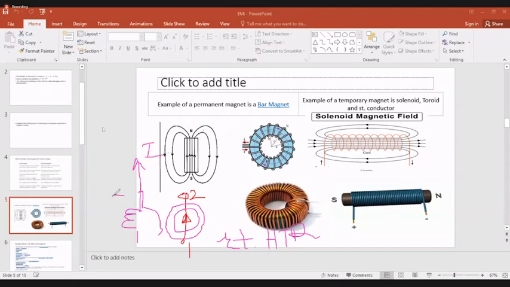And the rounded fingers show the direction of the magnetic field, like this. So what is the direction of the magnetic field over here? In this manner. Because the thumb is up, the current is upward. The field lines will be anti-clockwise.